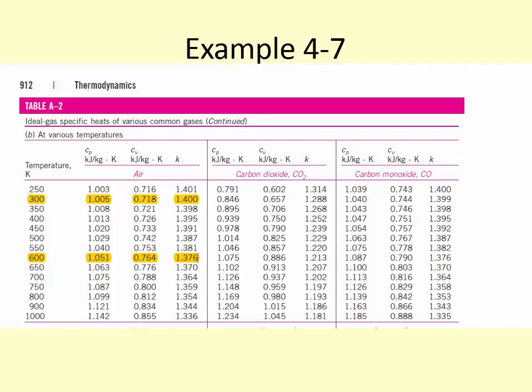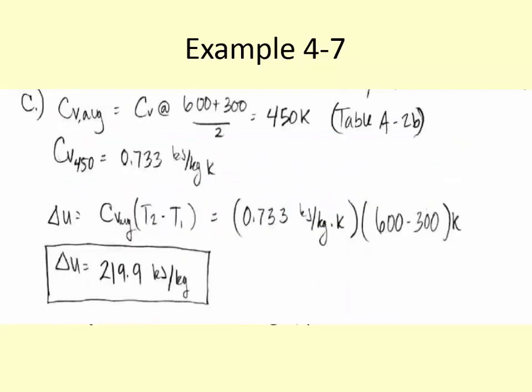Or we can say 600 plus 300 over 2 is equal to 450 Kelvin. So that's like the average temperature of our process. And then look up C sub V at 450 Kelvin. So either of those two ways will get you approximately the same answer. So if we use this one, C sub V at 450 Kelvin is 0.733 kilojoules per kilogram Kelvin.